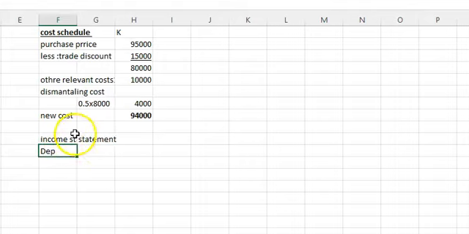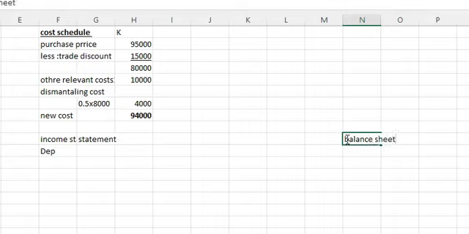So the income statement, I need to adjust here. What goes into the income statement? So the first thing that goes into the income statement is depreciation, and I'm going to put here balance sheet or statement of financial position. Balance sheet. Okay. So we have the balance sheet.